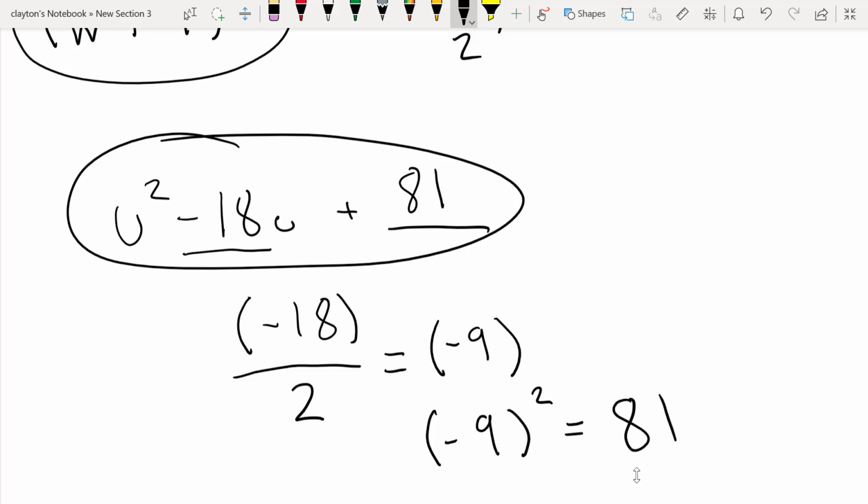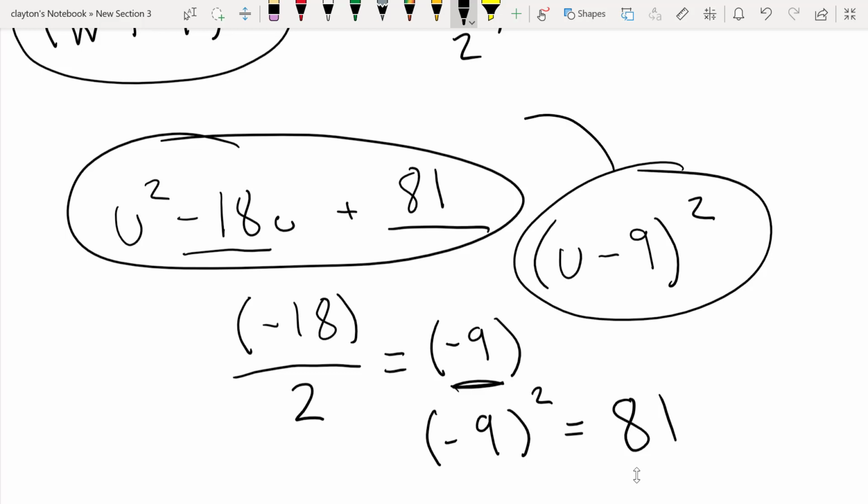Again, it doesn't ask for the perfect square format, but in this case it would be u minus 9 squared. Notice it's this number right here. And again, you could distribute it all out and you'd end up with u squared minus 18u plus 81. So again, the algorithm is divide by 2 and then square that middle number.